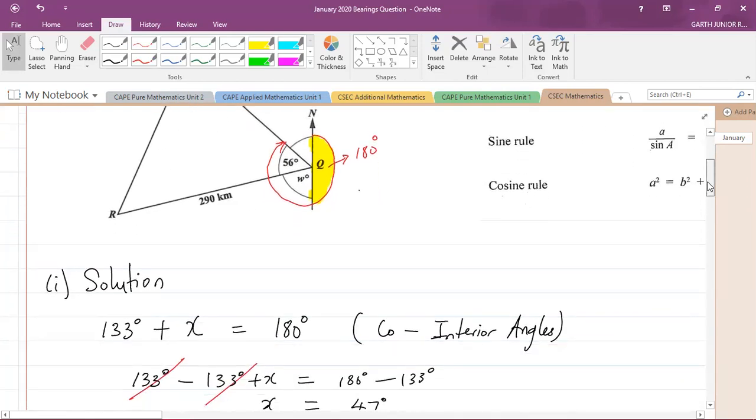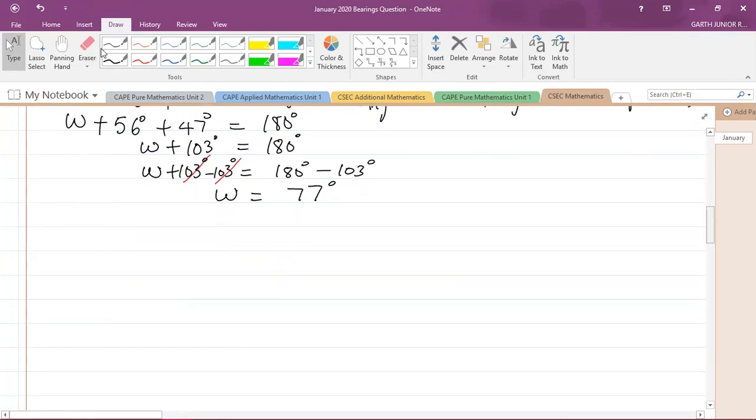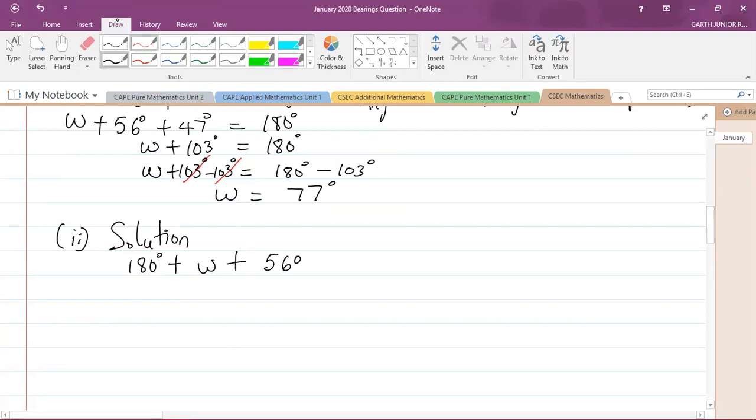So let us do part 2 now. Part 2 solution: it is 180 degrees plus my angle W plus my 56 degrees. Remember my angle W, we calculated that previously, that is 77 degrees. So it's 180 degrees plus 77 degrees plus 56 degrees.